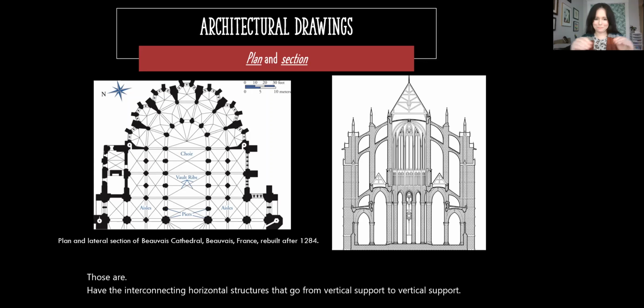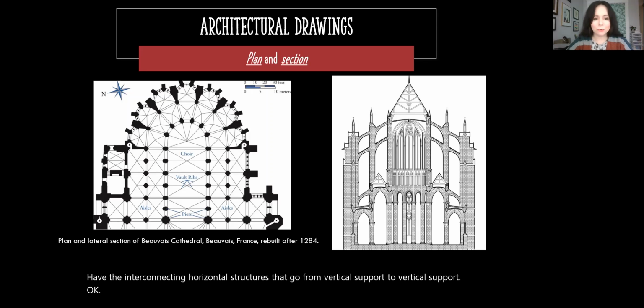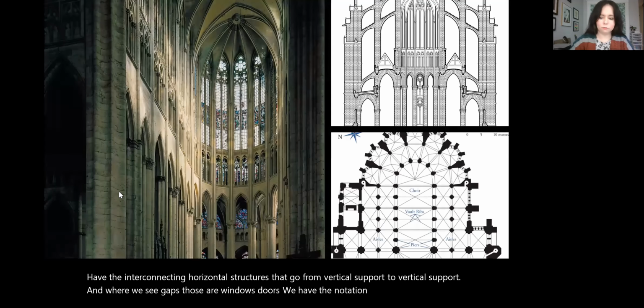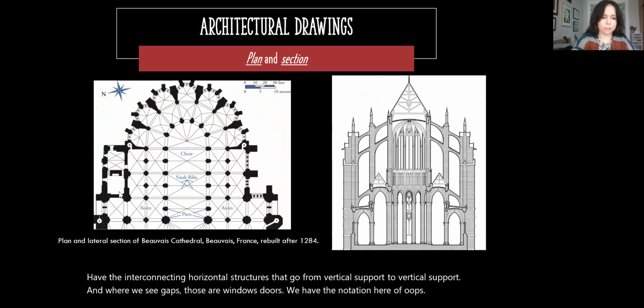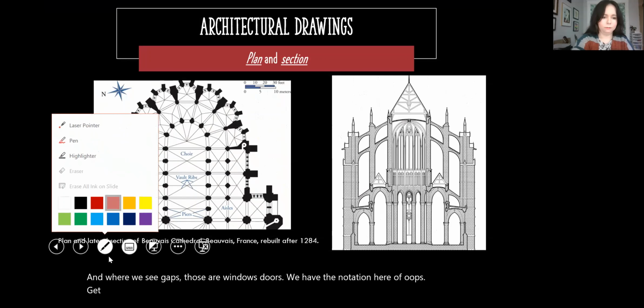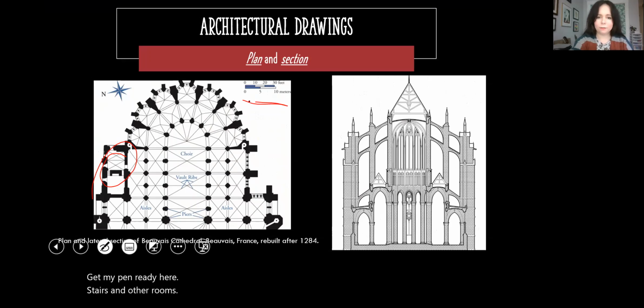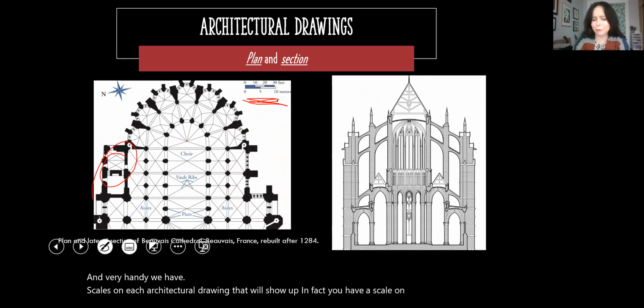Okay? And where we see gaps, those are windows, doors. We have the notation here of stairs and other rooms. And very handy, we have scales on each architectural drawing that'll show up. In fact, you should have a scale on every photo in your book.